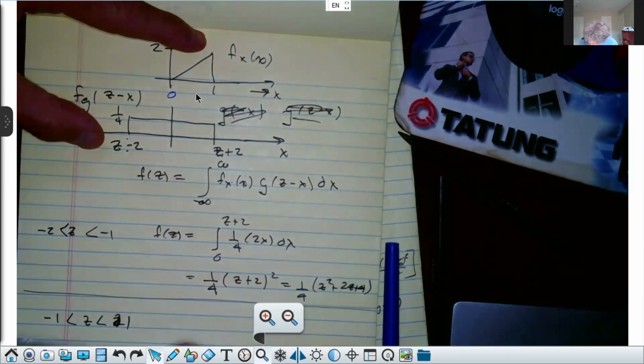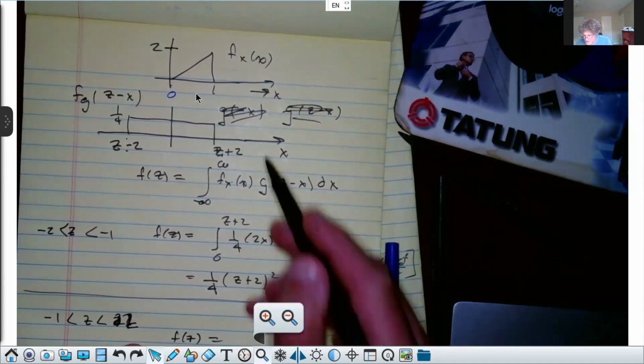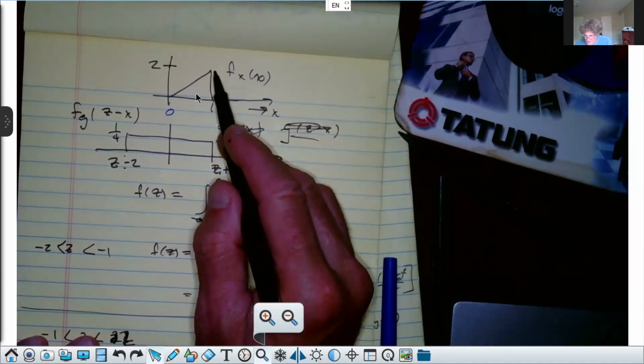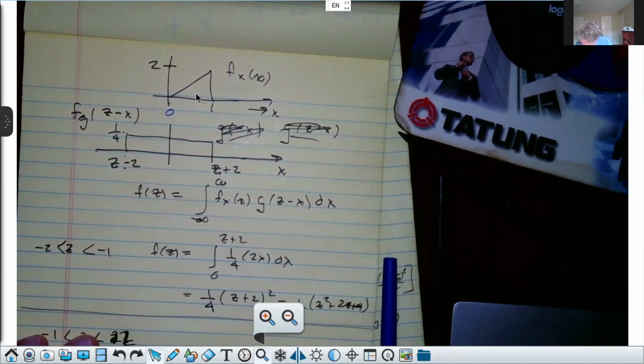Actually, it is 2, my bad. So from here to here, f of z is a constant. It's just this area right here times 1/4. That area is 1, so it's just equal to 1/4, from z equals -1 to 2.